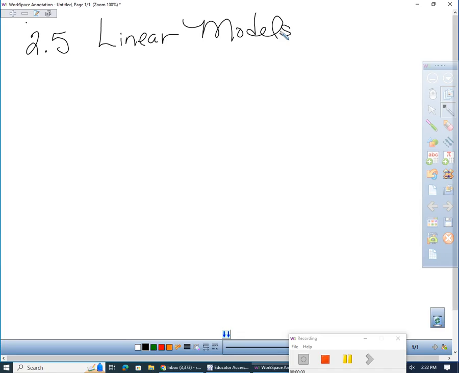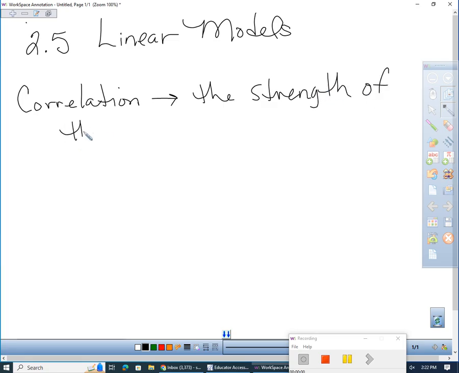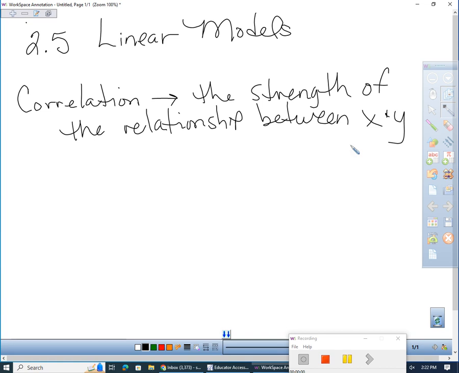Correlation. Make sure I spell it right. Correlation is the strength of the relationship between X and Y. So for example, let's say I have a scatter plot, and when I plot all my points, all of the points are going in an upward direction, really close to being in a line.